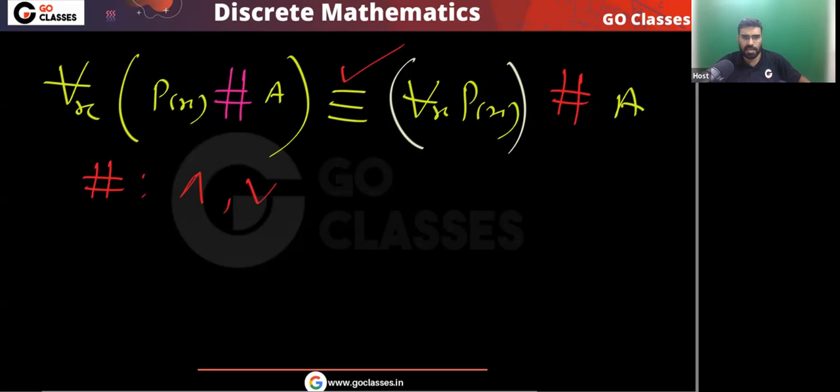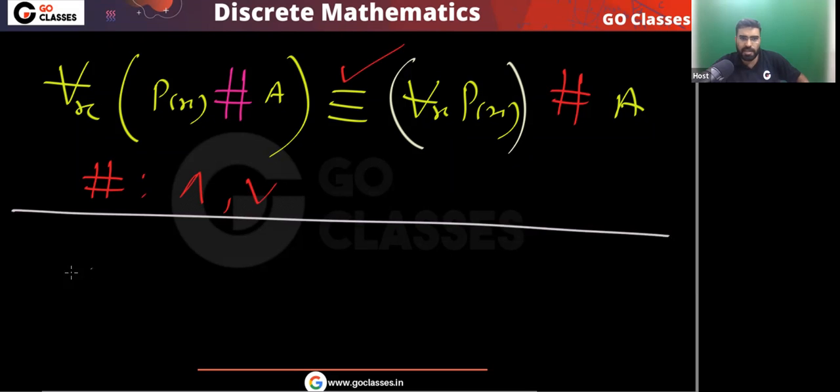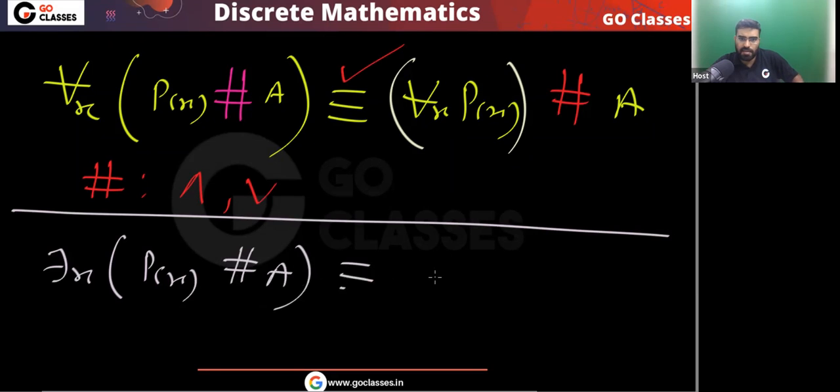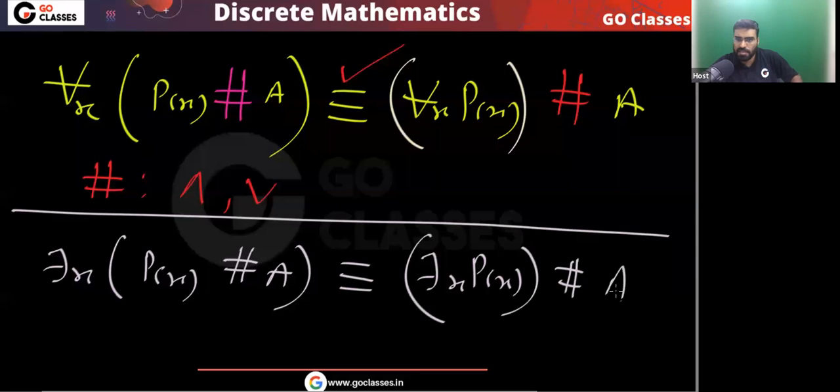Similarly, there exists x Px hash A is the same as there exists x Px hash A. Here also this hash can be either conjunction or disjunction. Correct? Agree?